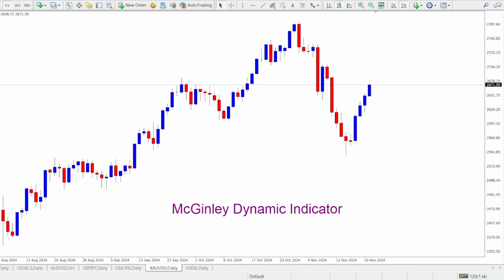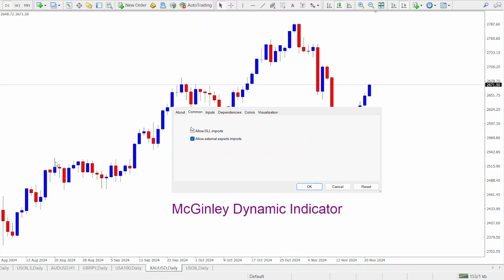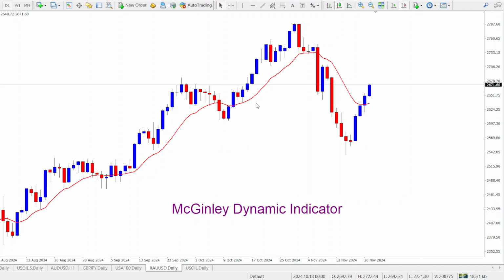This indicator uses a dynamic trend line that adapts to market conditions, providing more efficient trend signals than moving averages. So I'm just going to be adding the indicator to the chart right away. This is how the indicator looks.